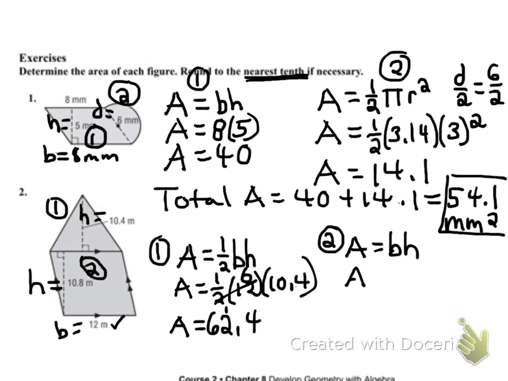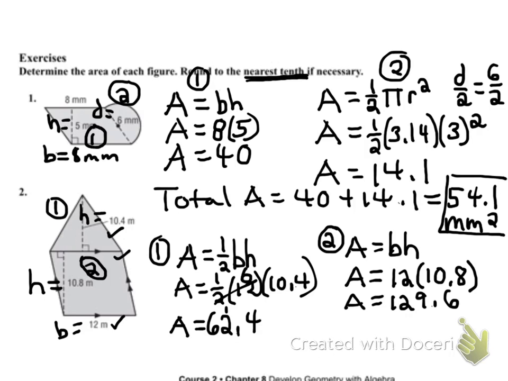So the area equals base of 12 and a height of 10.8. If we multiply those together, the area is 129.6.